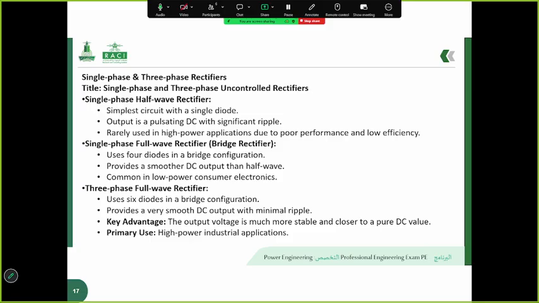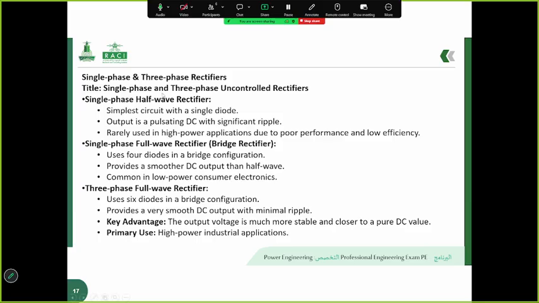This small ripple reduces the need for bulky filtering components and increases efficiency. Because of these advantages, three-phase rectifiers are the preferred choice in industrial systems, motor drives, HVDC transmission, and other high power applications where a stable DC supply is critical.